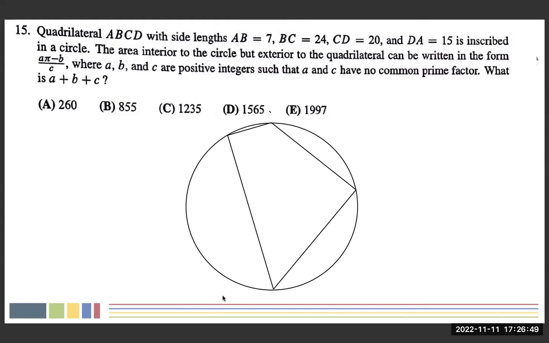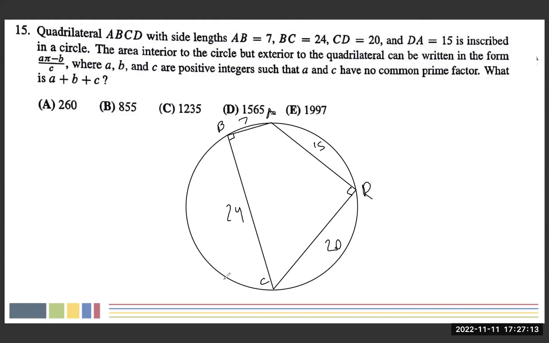by drawing an accurate diagram. If you draw an accurate diagram in the test, you'll notice that angles ABC and ADC seem like right angles. And AC looks like a diameter of the circle.